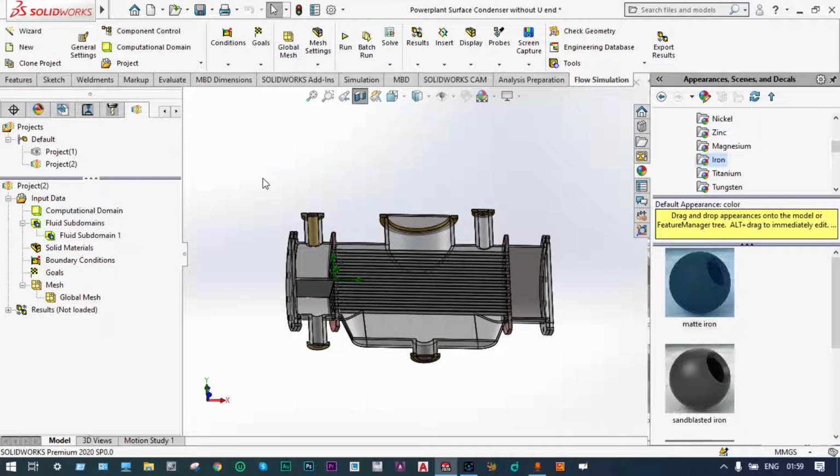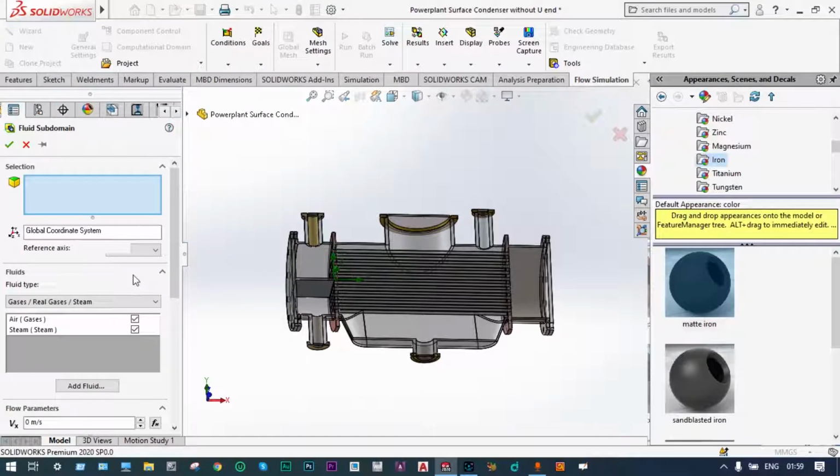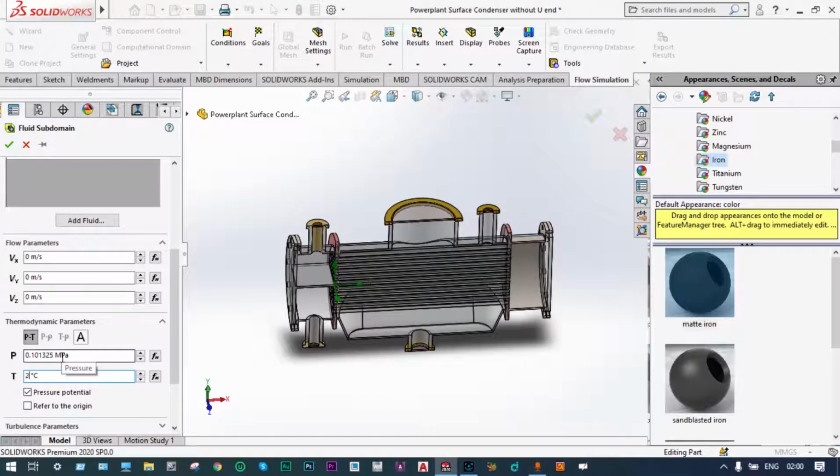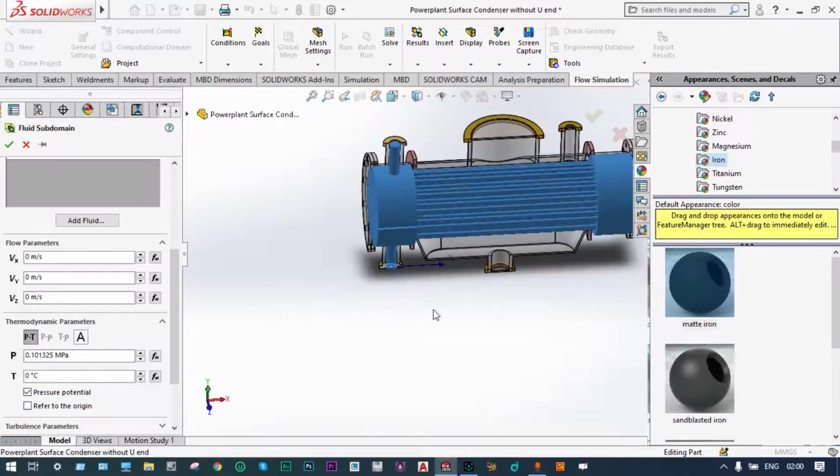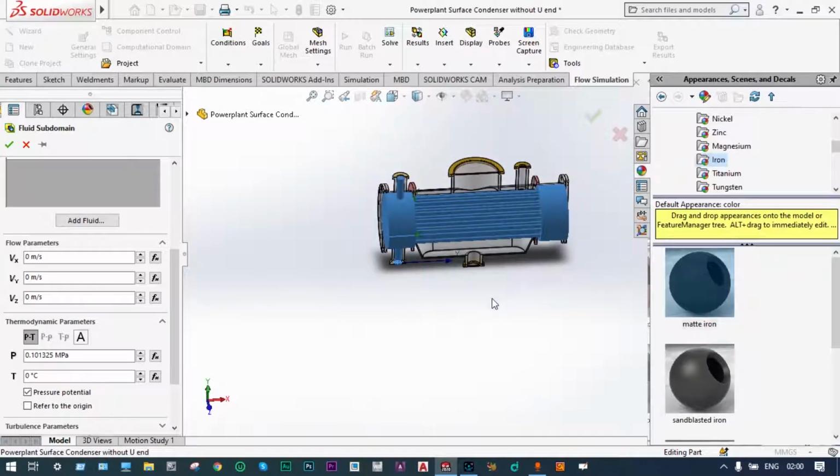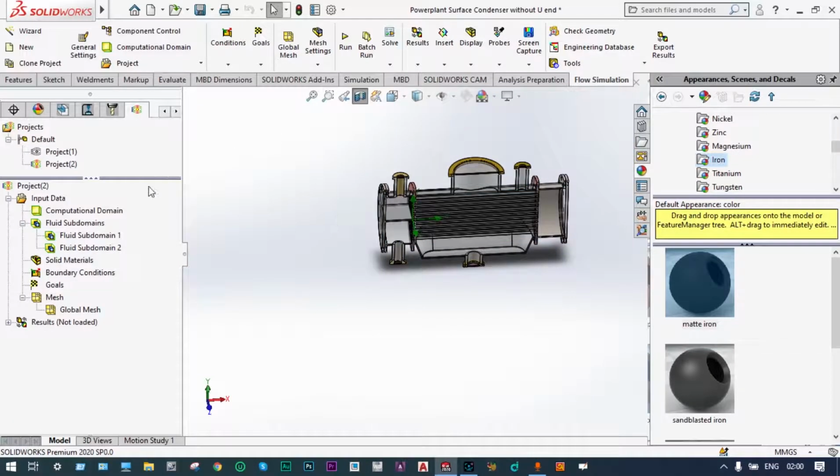Next one, we have to provide the domain for cold water. Fluid subdomains, insert fluid subdomain, and we'll take water. So we'll provide cold water at 0 degrees centigrade from this location. So this is the fluid domain for cold water at 0 degrees centigrade. Green check. Next one, some atmospheric boundary conditions should be required. Insert fluid subdomains.